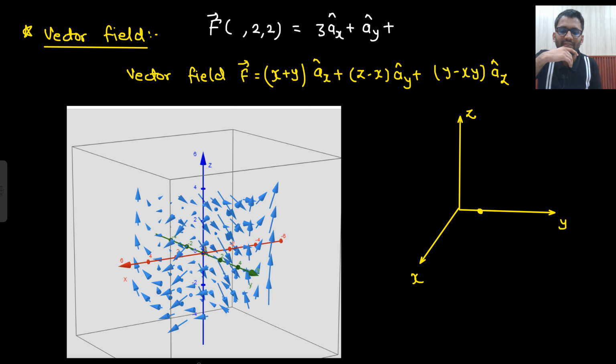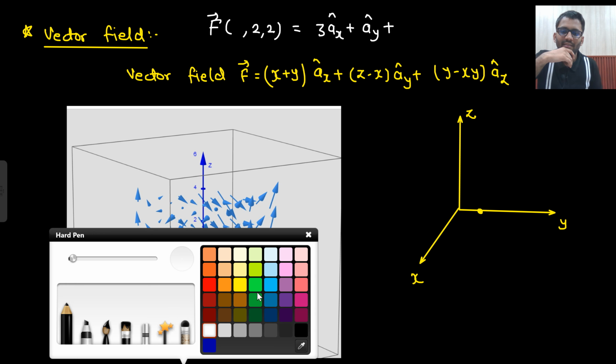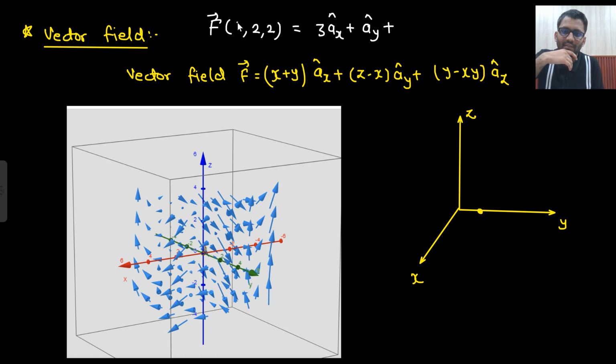So let's change this one as well, let's make it 3. So 3 plus 2, this would be 5, and this would be 2 minus 3, that would be minus ay. And what about this y minus xy? It would be 2 minus 6, so that would be minus 4 az.